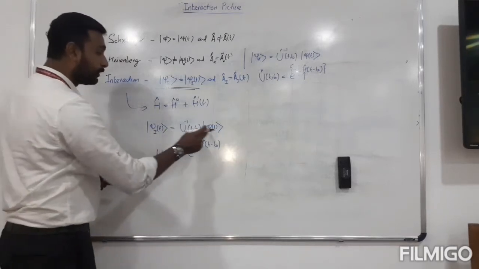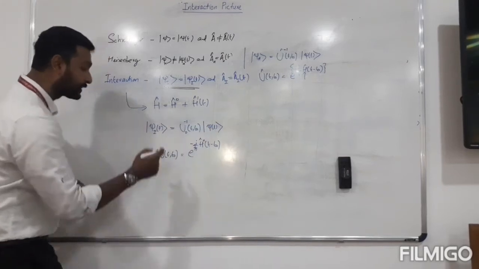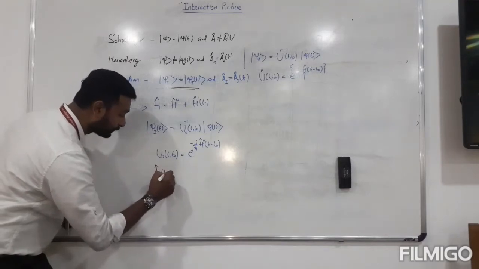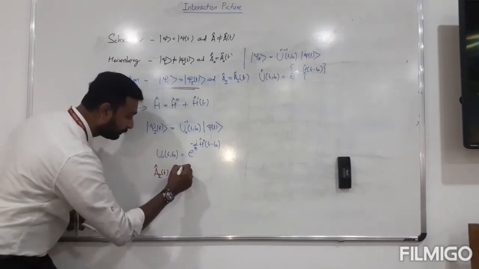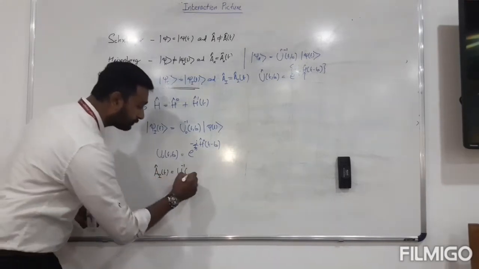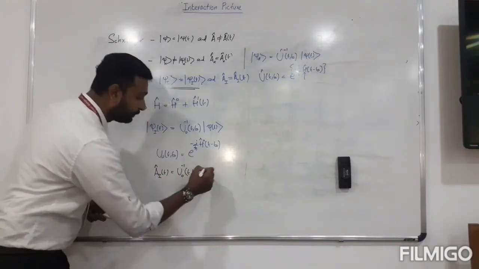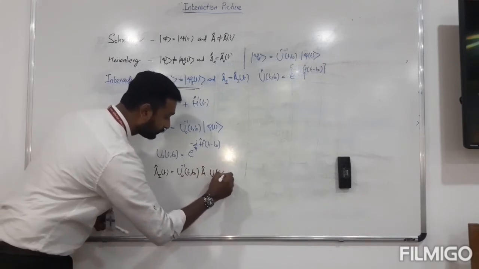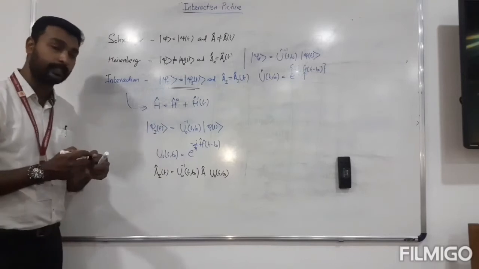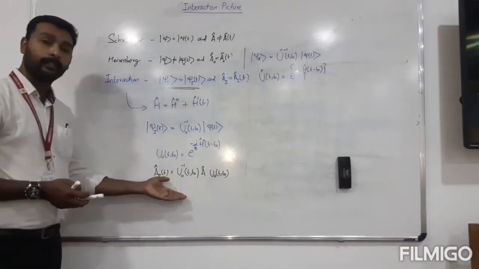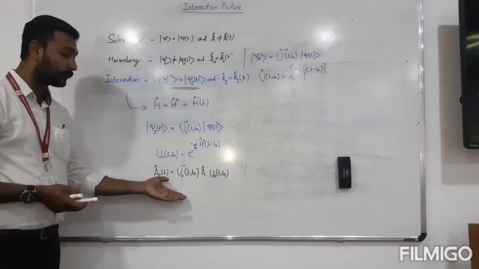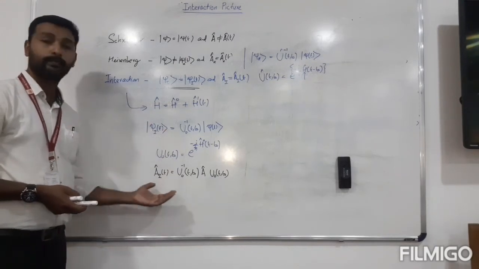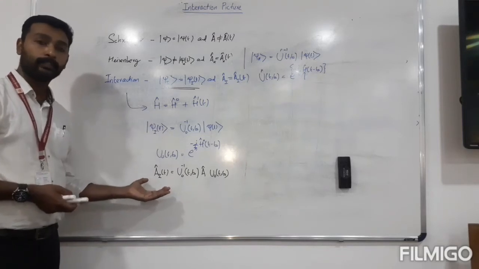Since this is a unitary transformation of the vector, the corresponding unitary transformation of the operator is very simple: A I, a function of t, is equal to U0 inverse(t, t0) A U0(t, t0). We already discussed this in previous sections, in the mathematical formulation of quantum mechanics. We discussed that if you transform a vector, what the corresponding transformation of the operator is. So we can refer to that.